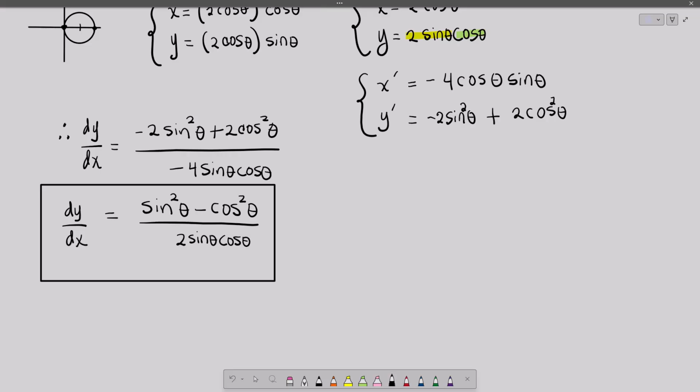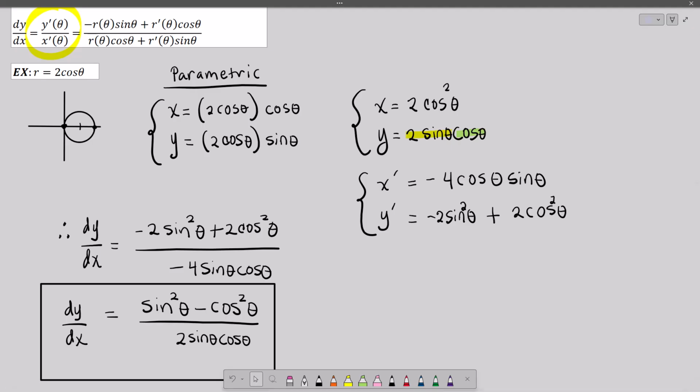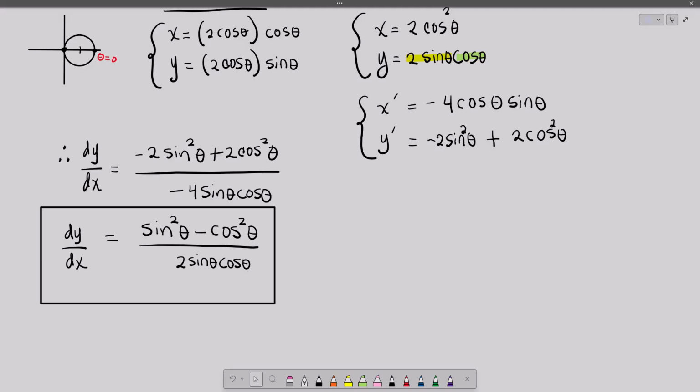All right, now this question said nothing about where to take the derivative, but let's do it at a few points. And let's think. So we saw that theta equals 0 was over here. What do you think dy dx should be when theta is 0? This tangent line is vertical, so what'd you say? Non-existent. Right, so we should get something undefined, right?